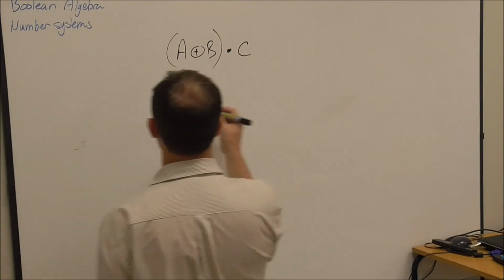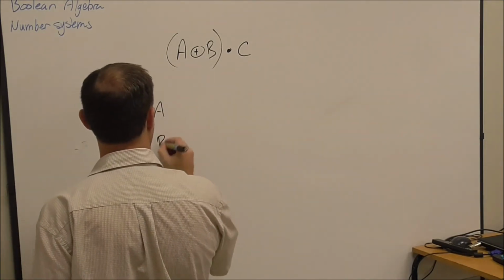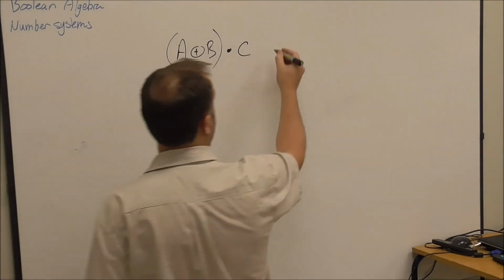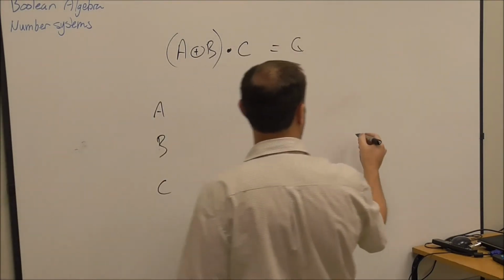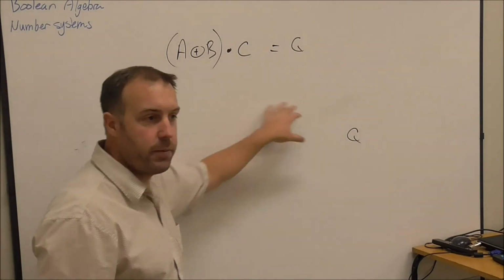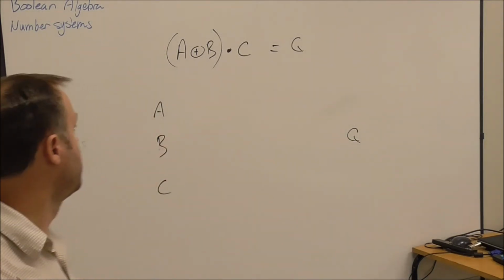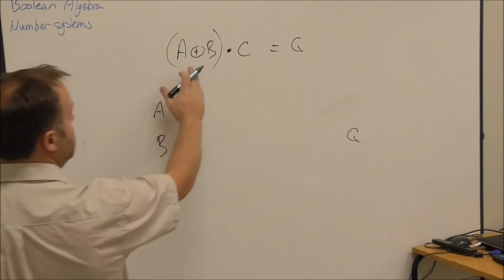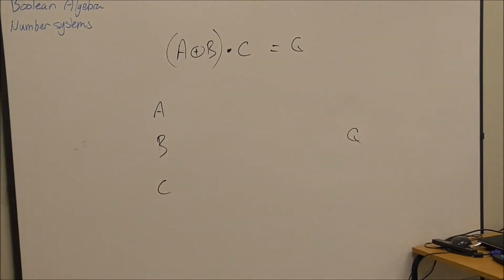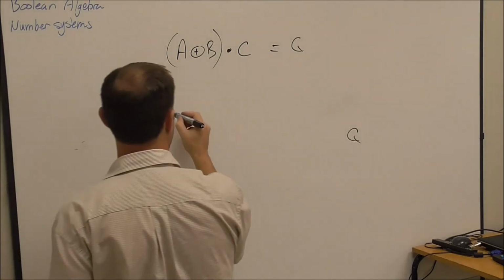So I've got my three inputs, A, B and C, and that's going to be equal to some output Q. In between is going to be some network of logic gates. I've got A XOR B in brackets, so that's the thing I do first, and I'm going to draw that first.